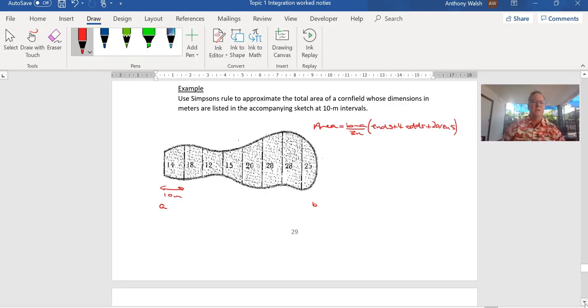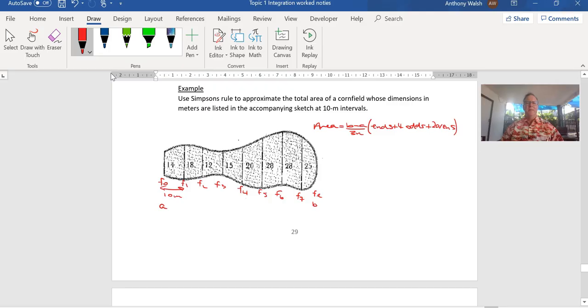So I'll call this length here, which is 14, f0, f1, f2, f3, f4, f5, f6, f7, and this length, which would be f8, well, it's not f8, it's actually f of n. It's an end.